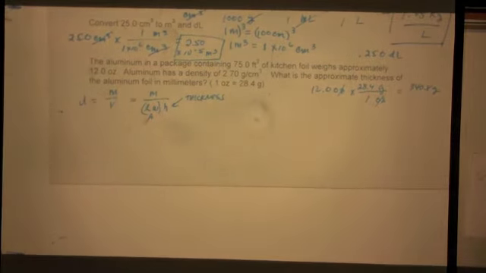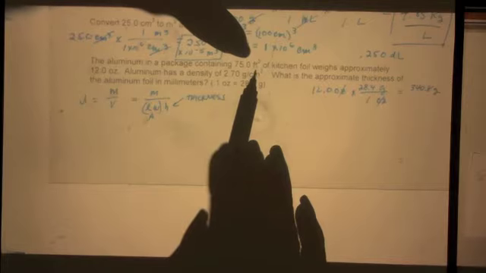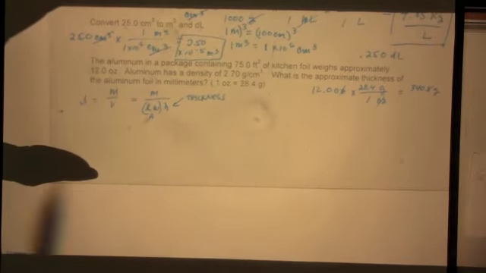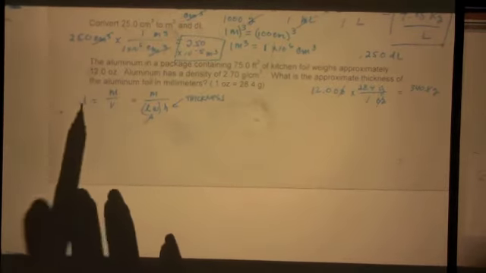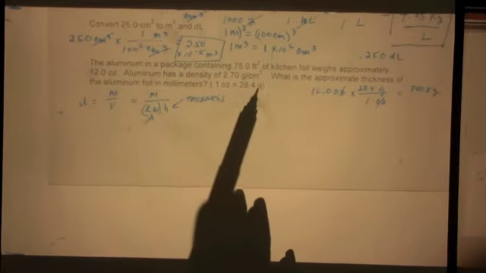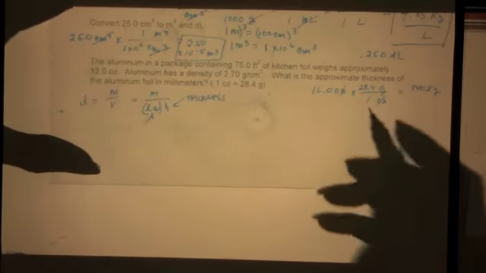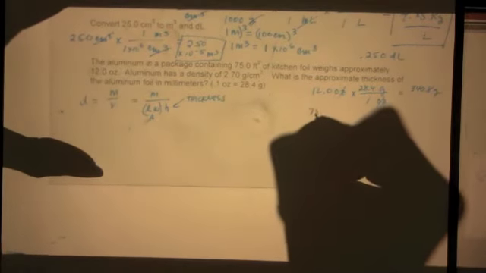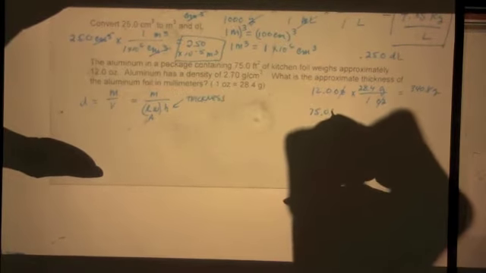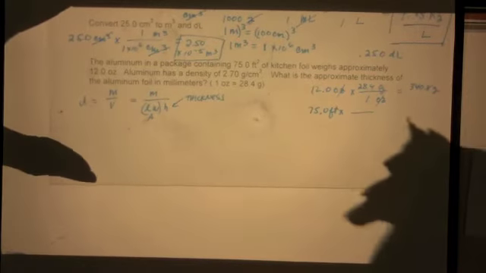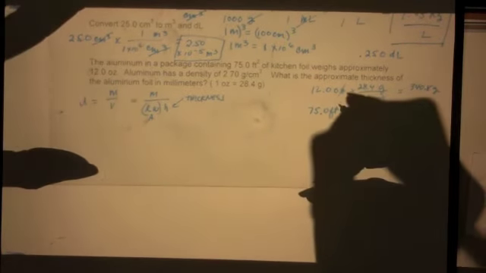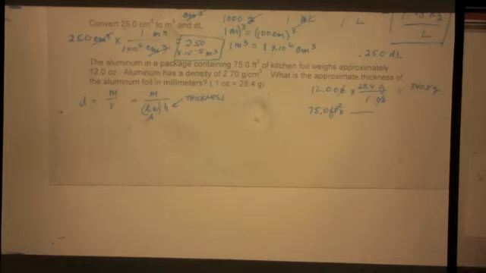Area is length times width. They've given me the area. The problem is that it's in square feet, and my density has metric units here of cubic centimeters. So we're going to start with 75.0 square feet, and we're going to change it, don't lose my square there, to metric units.